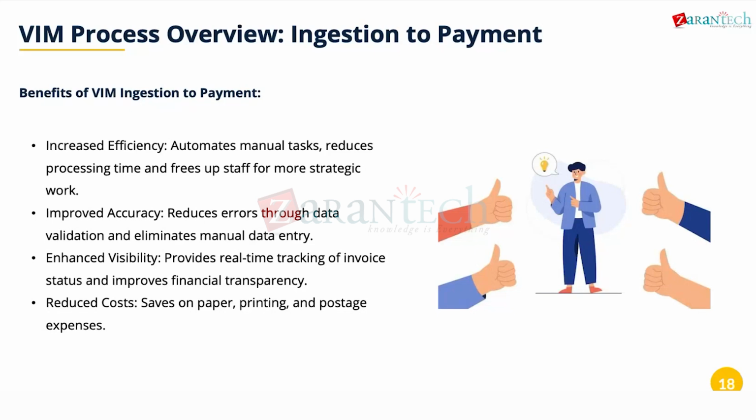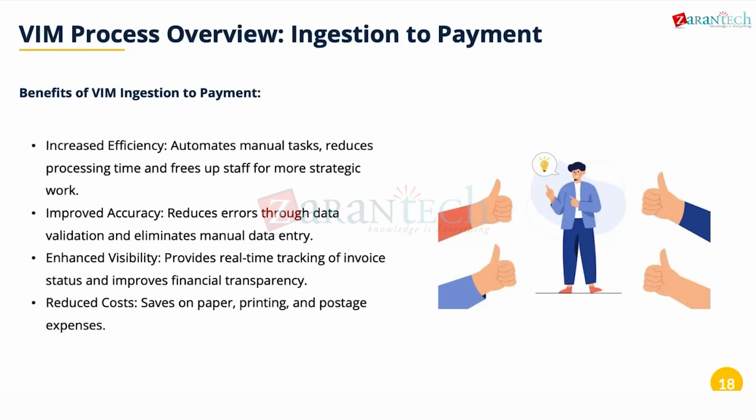Then that person has to find where the document is in the organization and who is working on it, without the VIM solution. But with the VIM solution, you can just run a report and see where that particular invoice is, and give a guesstimate that, hey, there are no errors, and it will probably get paid on time.